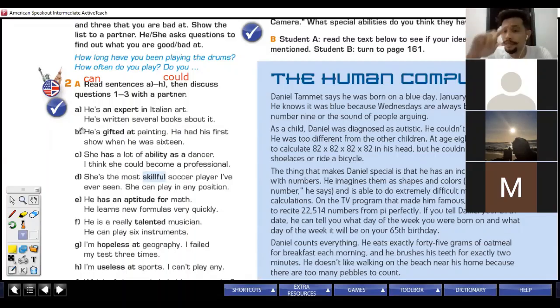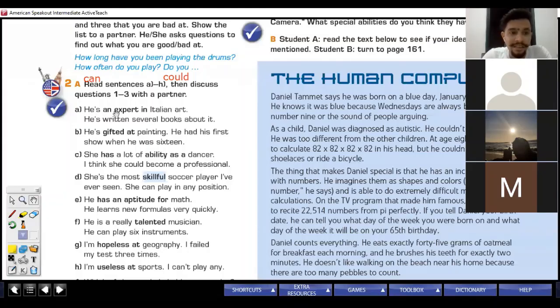So take a look, abilities and disabilities. Then I'm going to read it and you're going to tell me if that is an ability or a disability, and if it can be used in the present or in the past, all right? Now let's get down to the first one.